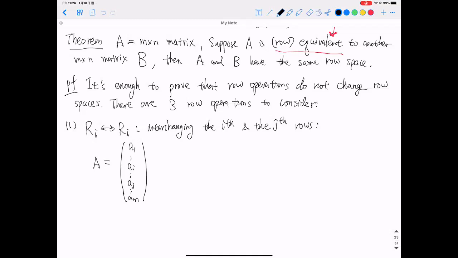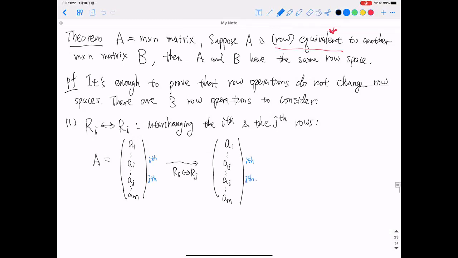Now, after performing the operation exchanging Ri and Rj, you get a new matrix that takes this form. Here in this notation, this is the i's row, and this is the j's row.